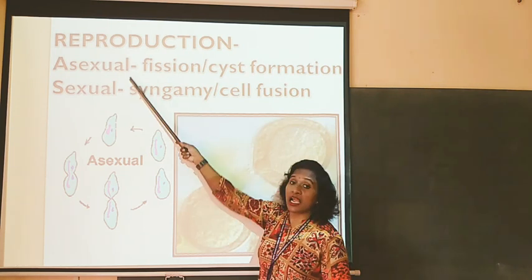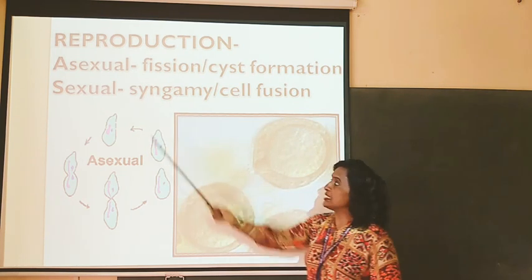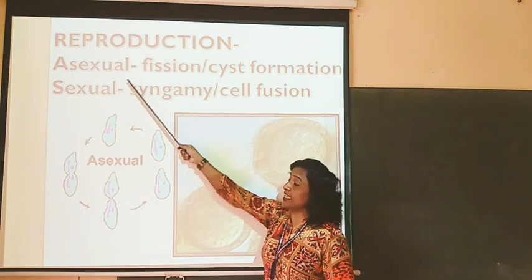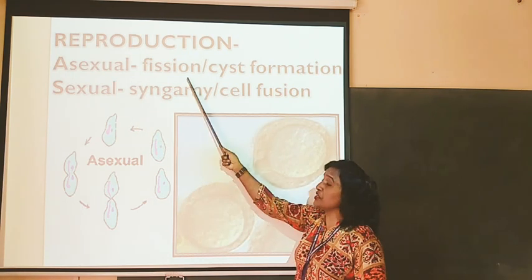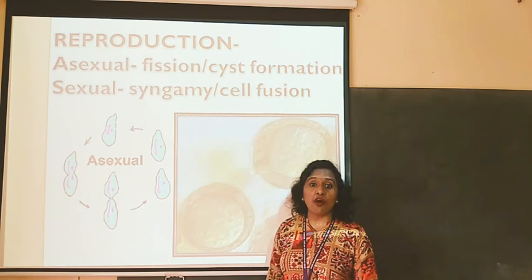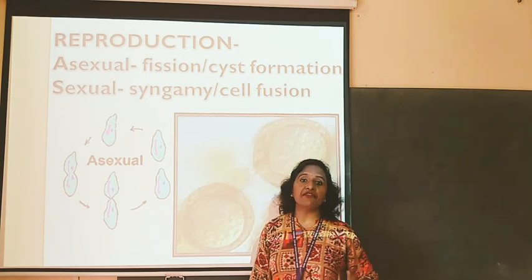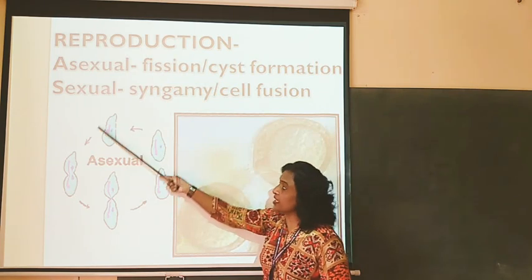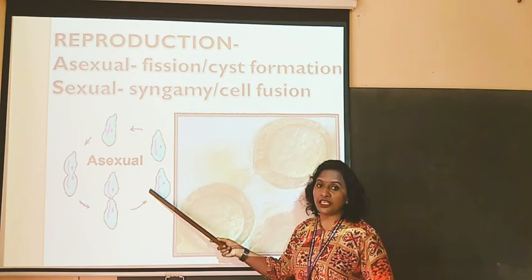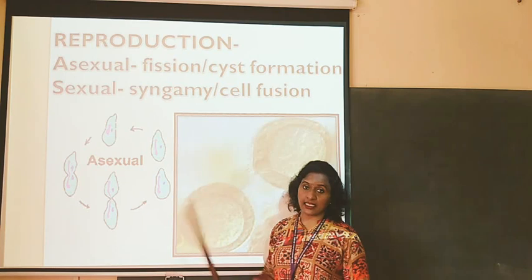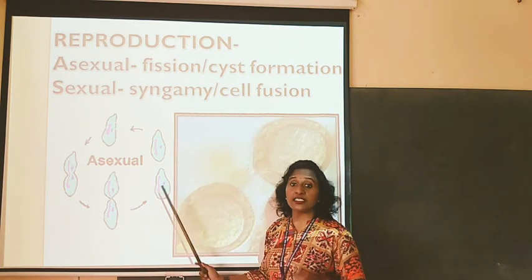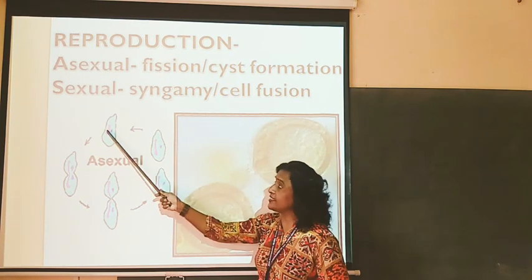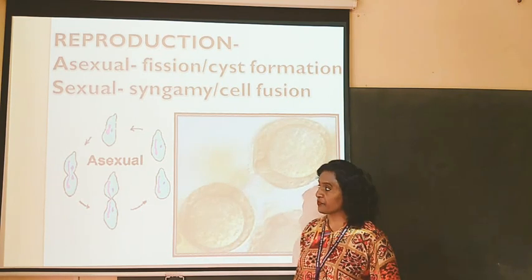It can occur either asexually or sexually. Under asexual reproduction, fission and cyst formation take place in several organisms. In fission, the main parental cell will give two daughter cells. These two daughter cells are exactly identical to the parent.